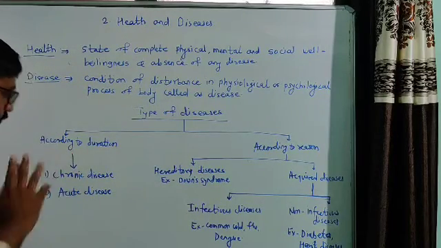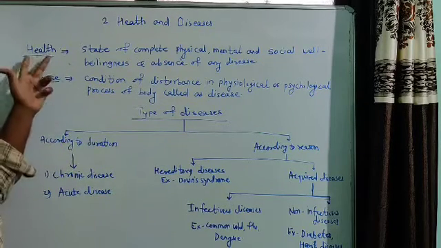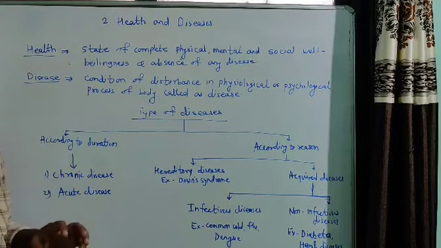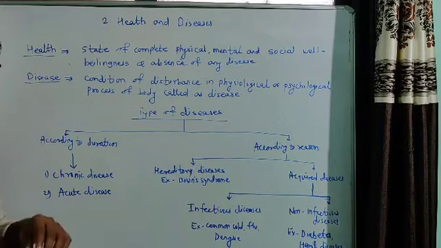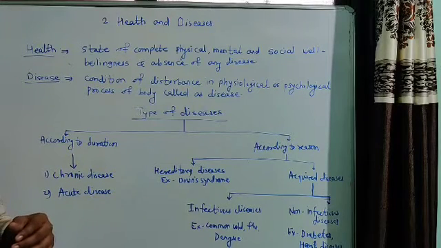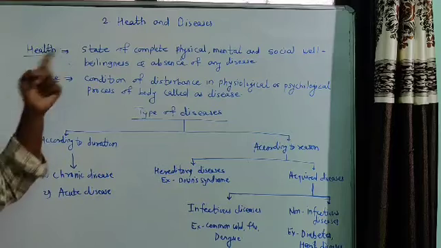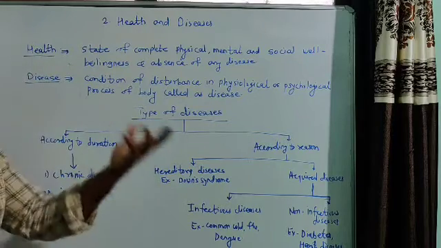Now according to the duration, we see some diseases disturb our healthy state for a very short time, but some diseases remain for a very long time. They do not go easily, like sugar, that is diabetes, okay. Such diseases remain in our body for a very long time.